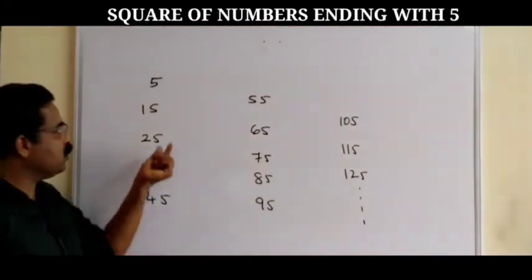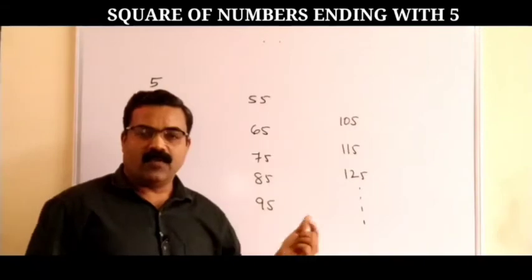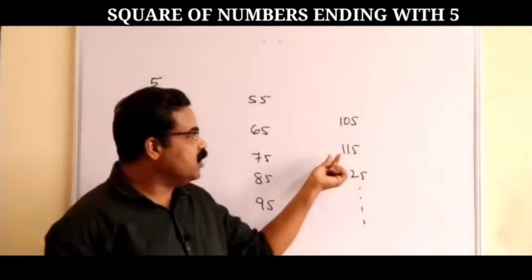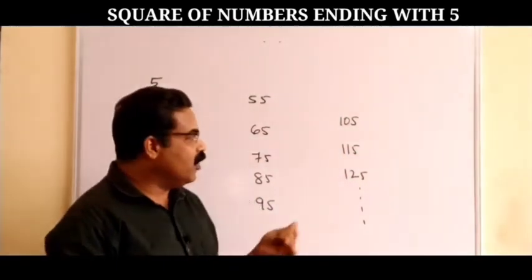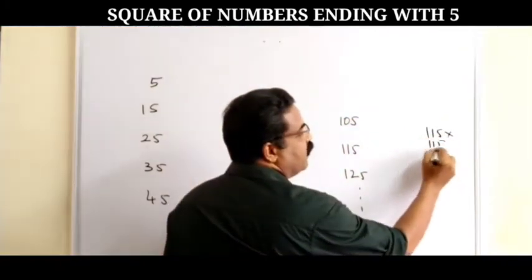We need to find the square of all these numbers. So what is the easy method of finding the square of all these numbers? If I ask you to find the square of 115, what will students normally do? They will multiply 115 by 115.